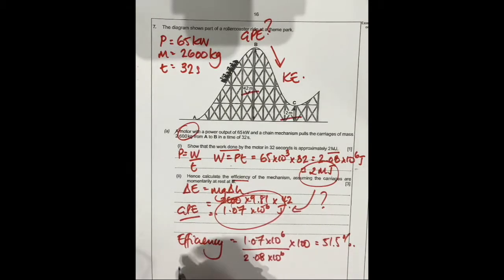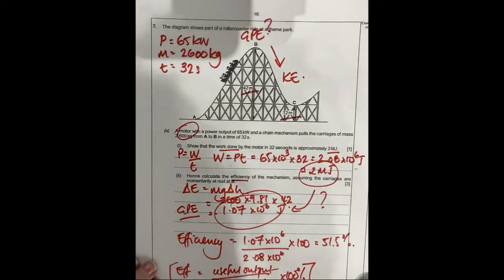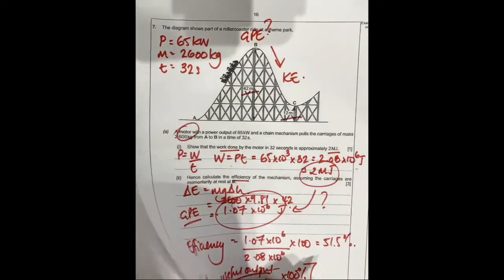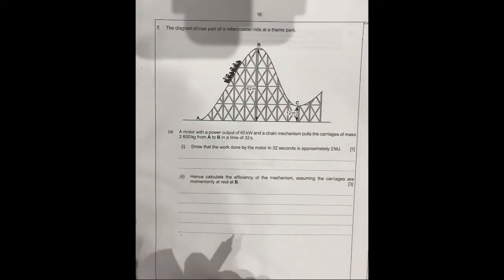Okay, so remembering efficiency equals useful output over total input times 100%. All right, so that's the first bit. Okay, now second bit. Let me turn over because I've got this on the back.